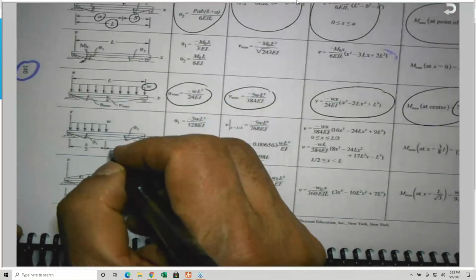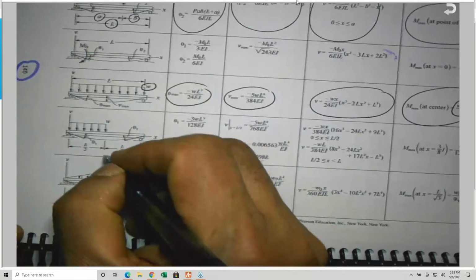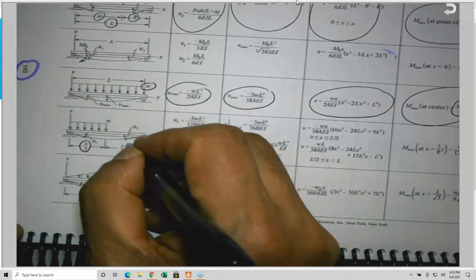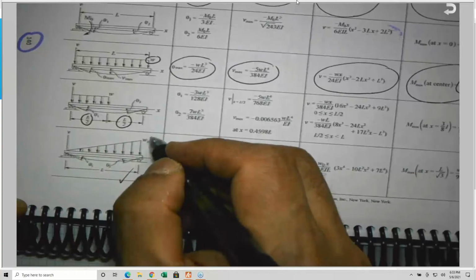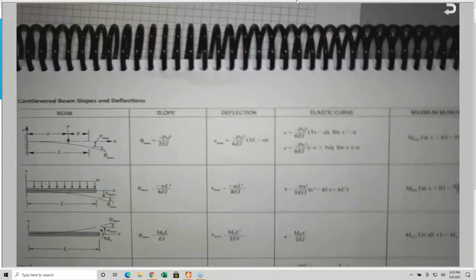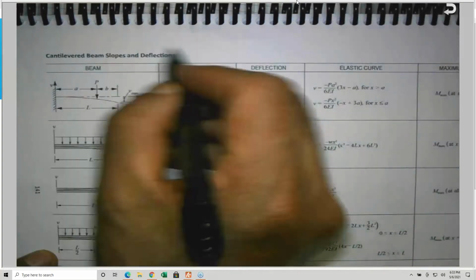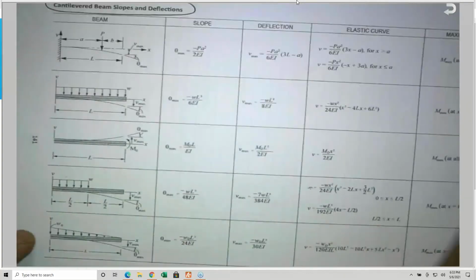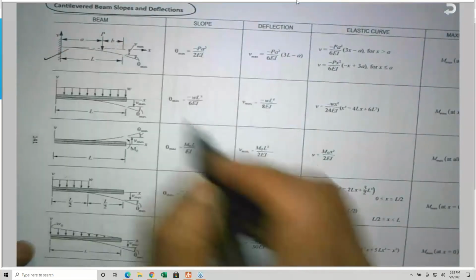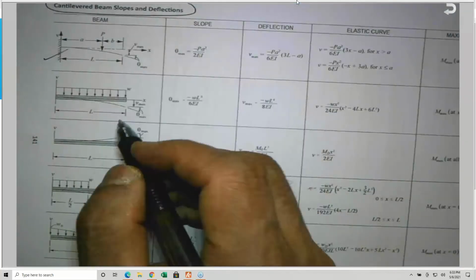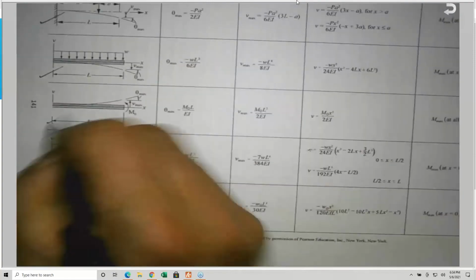This is a distributed load, but it is half, at L over 2, and L over 2 is not the entire beam. This is a triangular load starting from 0 to the maximum here, and the same story. So we need to be aware, this is a cantilever beam. For cantilever beams, they are giving us a concentrated load at any point, distributed load, bending moment, triangular load, and so on.